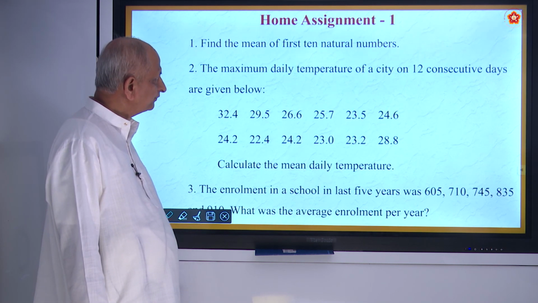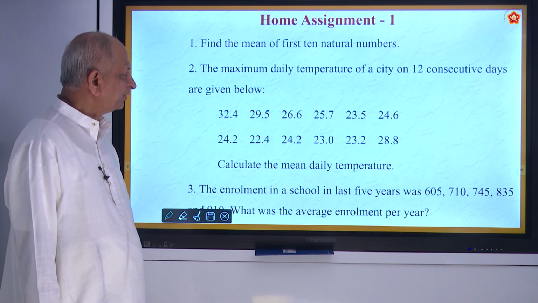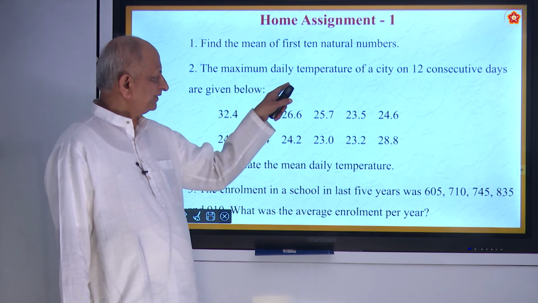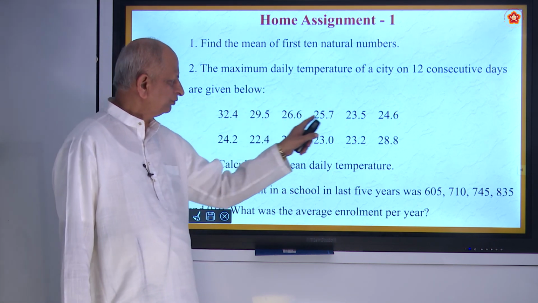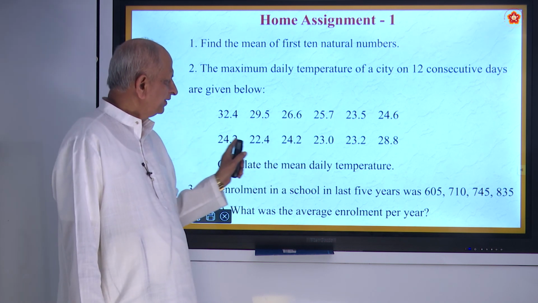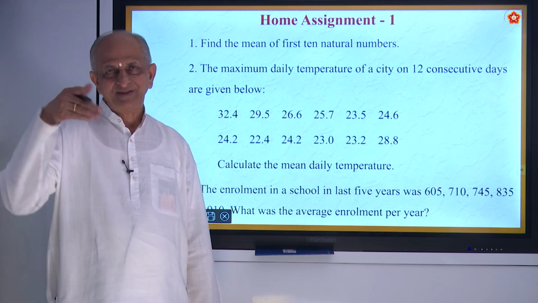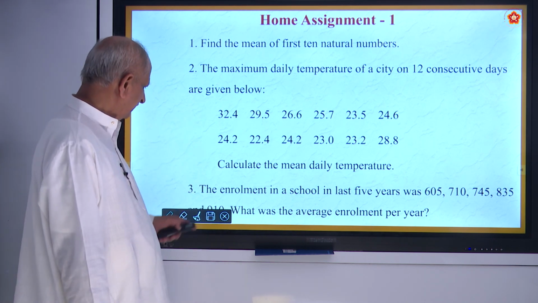Okay. Find the mean of the first 10 natural numbers. The maximum daily temperature of a city on 12 consecutive days is given below. So 12 days of daily temperature. What is the device you use to measure the temperature? Thermometer. Okay.